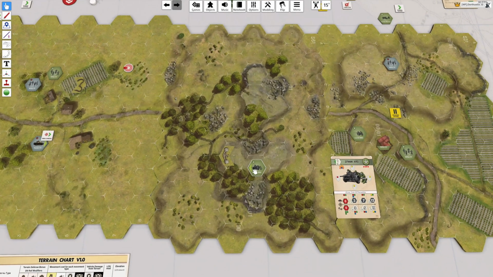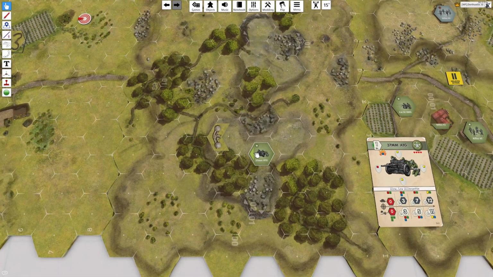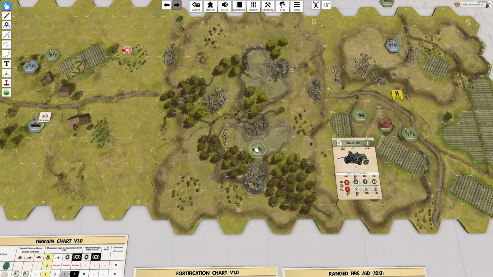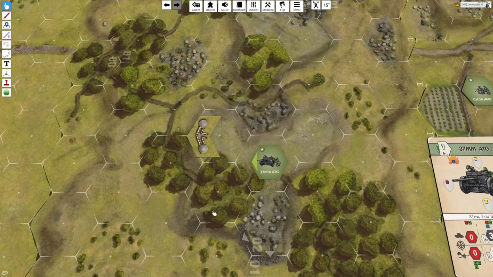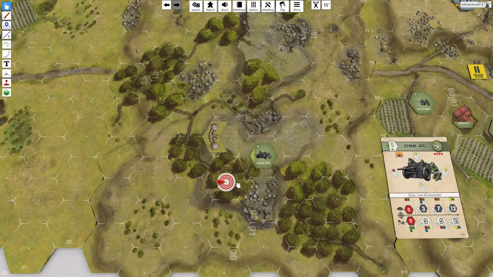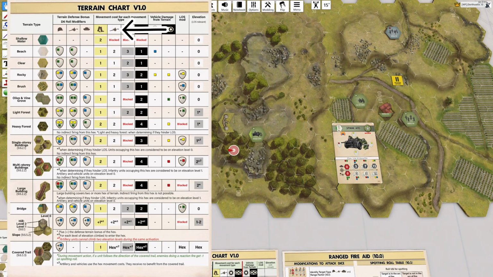So as an example, I put this 37mm ADG gun on the hillside, and I wanted to move this ADG gun into the heavy forest here, which is a good cover terrain for this gun. But I have to check the terrain first, and the heavy forest says for artillery movement 2 points to enter this hex.